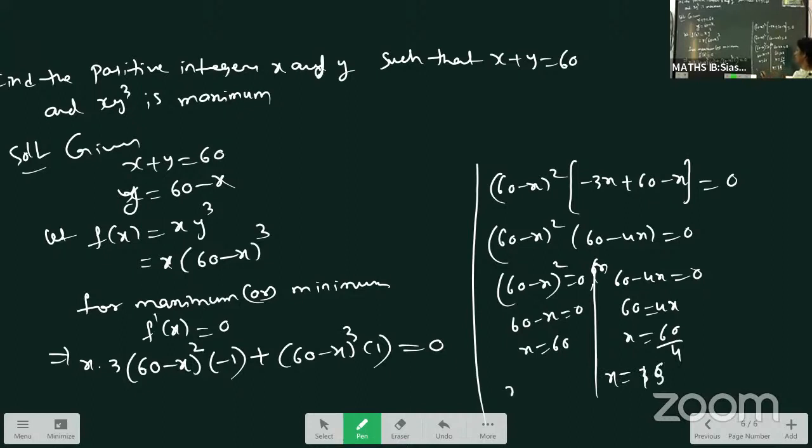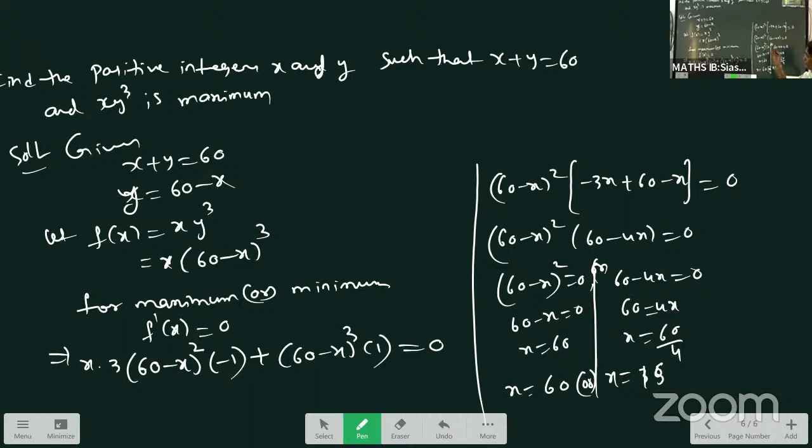So we got x is equal to 60 or x is equal to 15. But only one value will be satisfied. If you take x is equal to 60, the other value must be what? Both sum is 60, as given. If you take x is 60, the other will be 0.